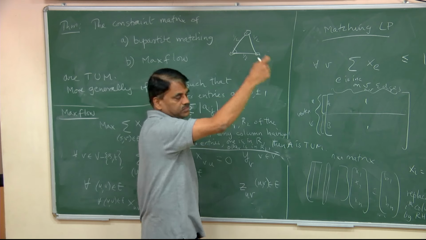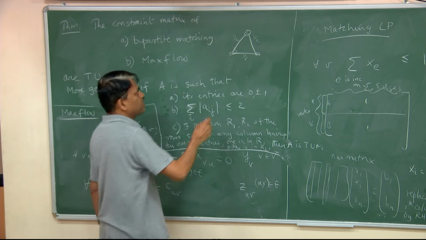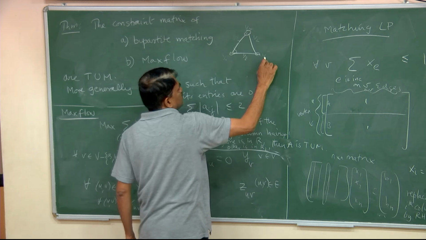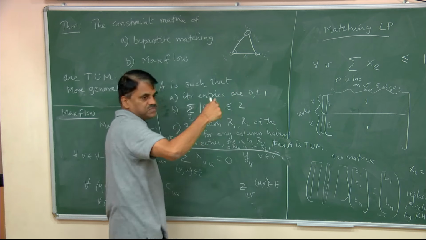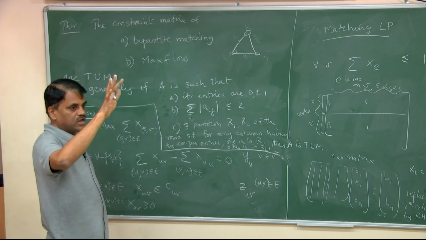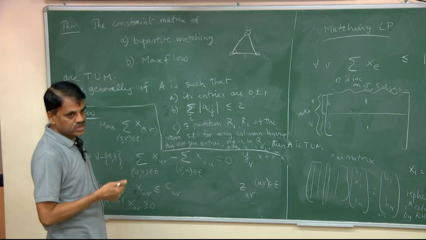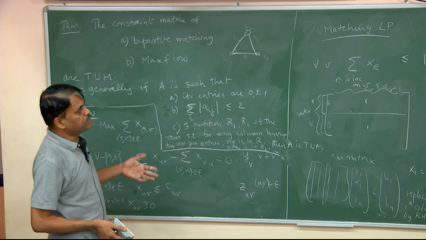Similarly, for vertex cover in a non-bipartite graph, I can put a half here. Every edge is covered. The number of vertices I'll pick is 1.5, whereas the non-fractional solution would be 2. You need 2 vertices.